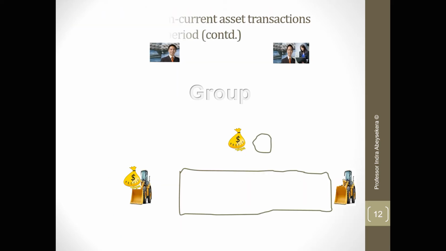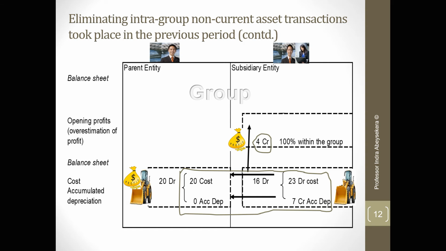So keeping in mind, again, the seller subsidiary entity made a profit of 4, and the carrying value at that time was 16 with the cost of 23 and accumulated depreciation of 7. Parent bought it at that time at 20, and accumulated depreciation when he bought was 0.